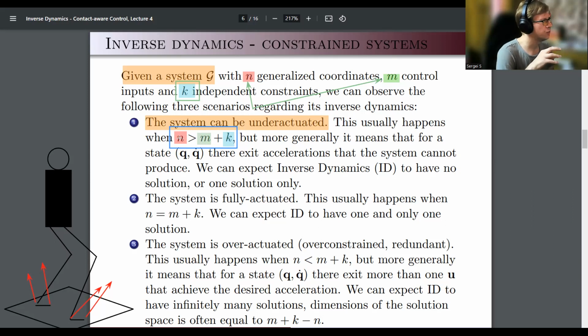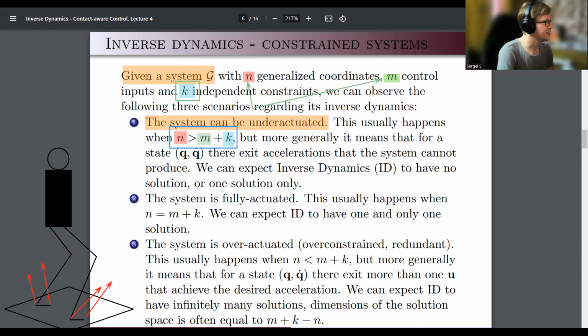This is more of a quick rough test, because there is a possibility of linear dependence between the action of constraints and the action of control, like internal torques. We will see all of this in a bit. But this is a useful thing to just imagine in your head.